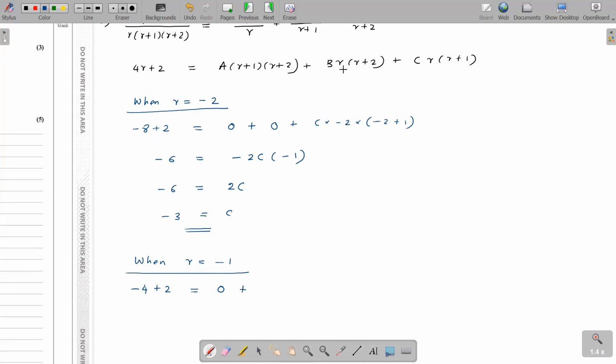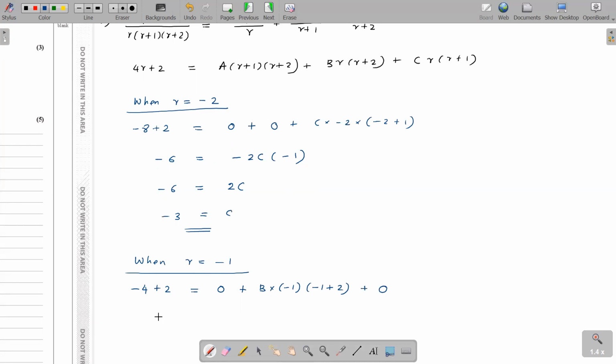The second term, does it become a 0 when r is minus 1? No, right? So we get here B into r, which is minus 1, into (minus 1 plus 2). The last part, plus C into minus 1 into (minus 1 plus 1). Minus 1 plus 1 becomes a 0, which means this entire term is a 0.